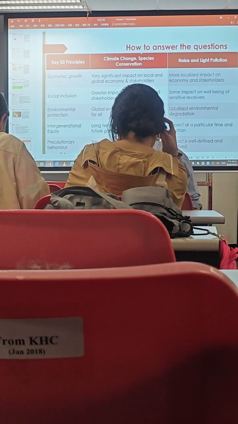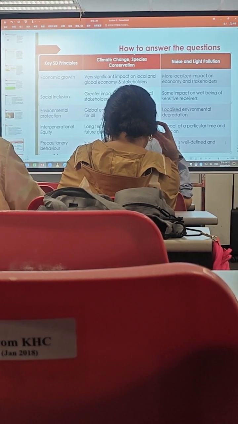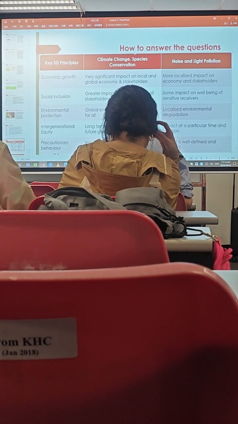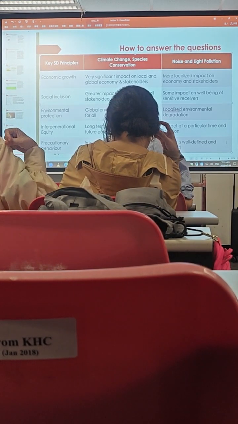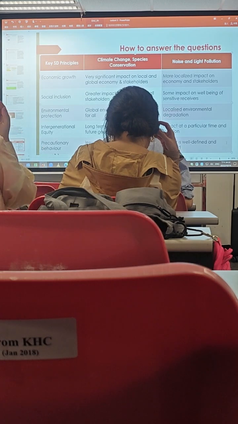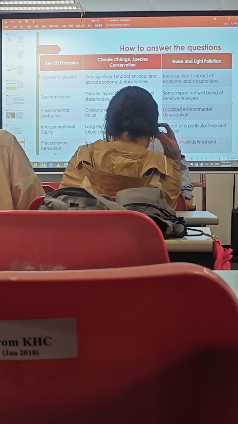You do not need to spend a lot of coverage on this matter, but you should bear in mind that some other environmental problems are quite localized and impose only a regional impact on a single generation. You can hardly imagine noise pollution or light pollution affecting the future generation. So you have to distinguish the strengths and weaknesses of sustainable development in tackling some problems.